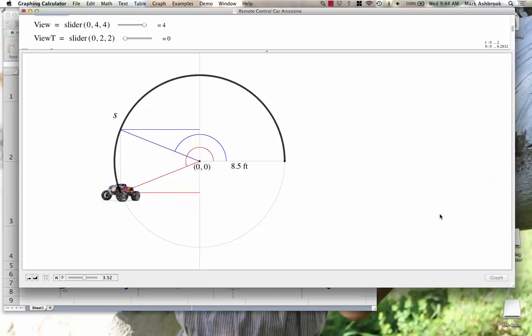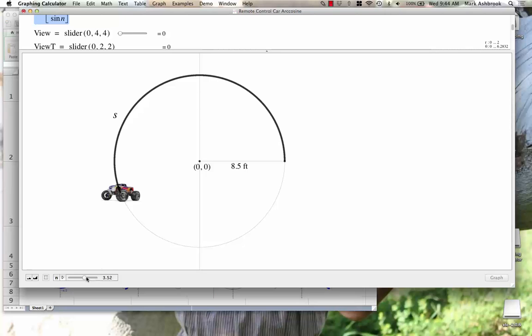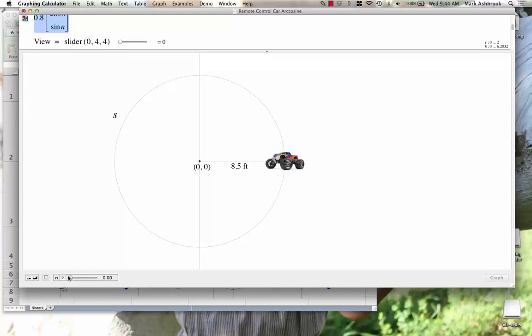All right, so now let's take a look at this again. And now say the truck goes, I'm going to transition to something new here.